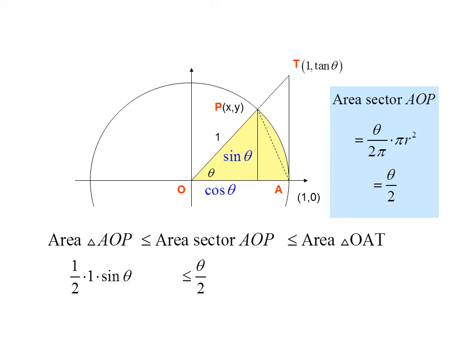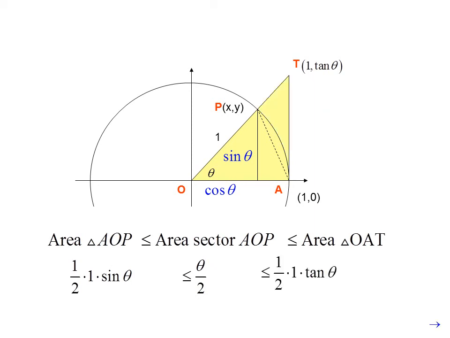So we can simplify to theta over 2. The area of triangle OAT is 1/2 base times height, or 1/2 times 1 times tangent theta. And you can see now that we're leading into the sandwich theorem.